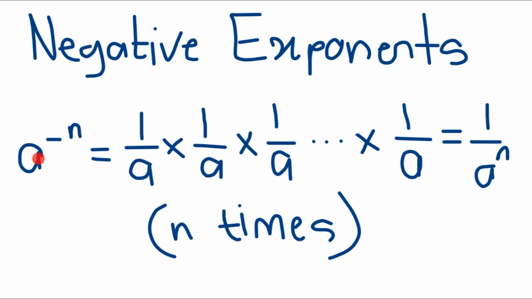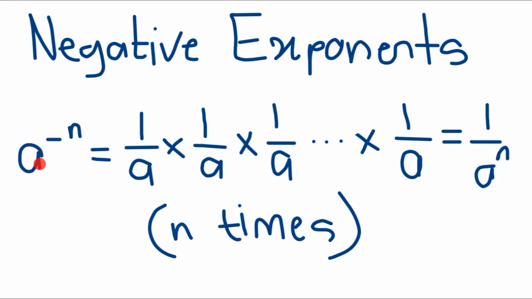We said that a to the power of negative n means: how many times will a divide into 1? We said that it will divide n times, and we have shown that by writing this expression here, and we said that this expression can further simplify to 1 over a to the power of n.